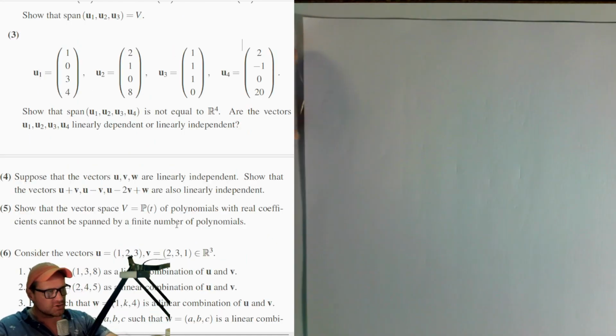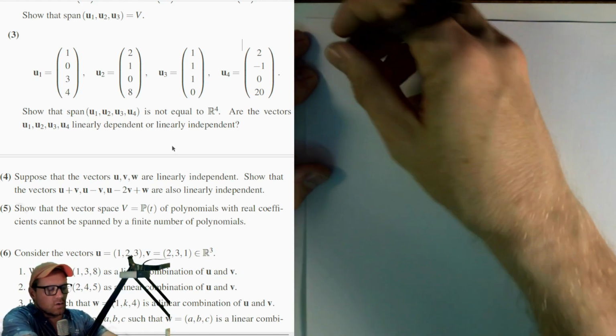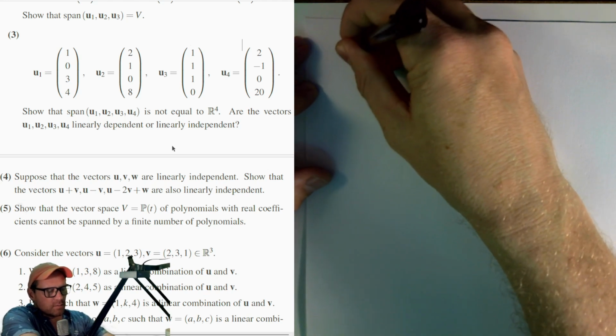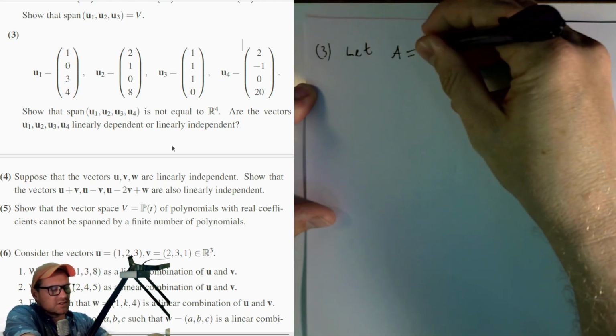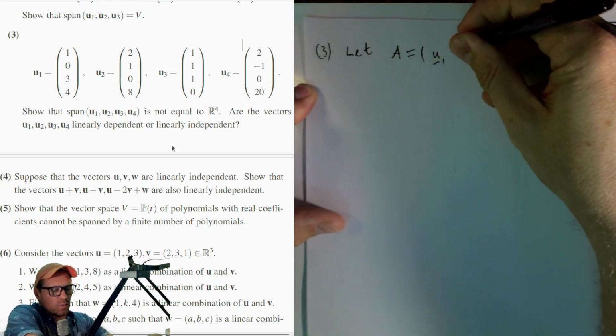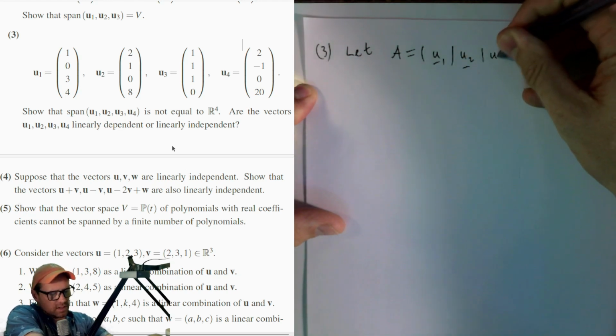Question 3. Show that span of U1, U2, U3, U4 is not equal to R4. Are the vectors U1, U2, U3, U4 linearly dependent or linearly independent? So what we want to do here is form the matrix A, which is the concatenation of U1, U2, U3, U4.